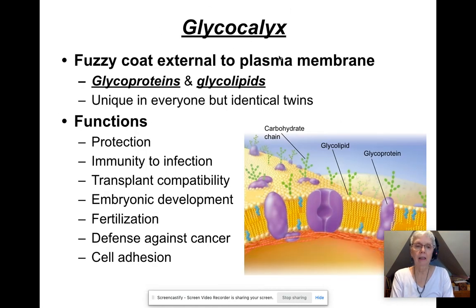Now, the glycocalyx is this coating on the outside of the plasma membrane. So it's on the external face. It's unique to everybody. Everybody's different.